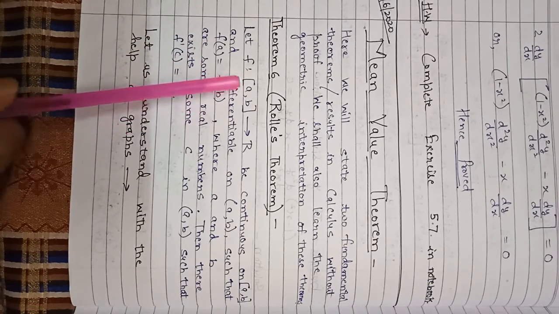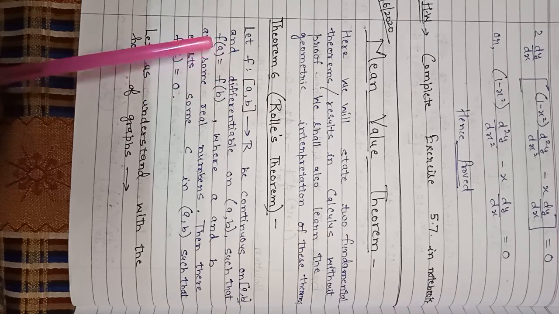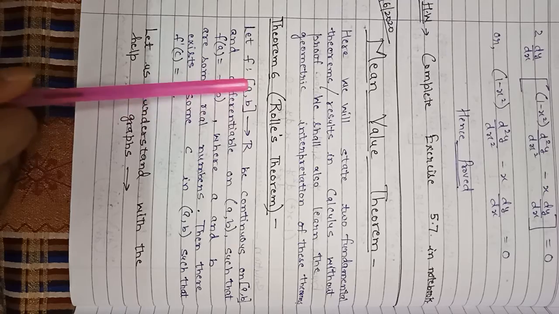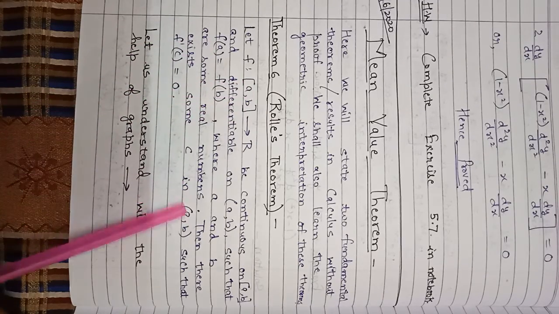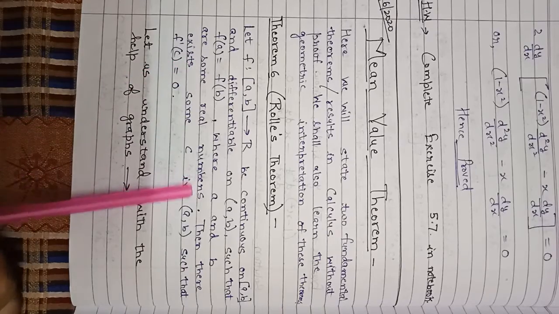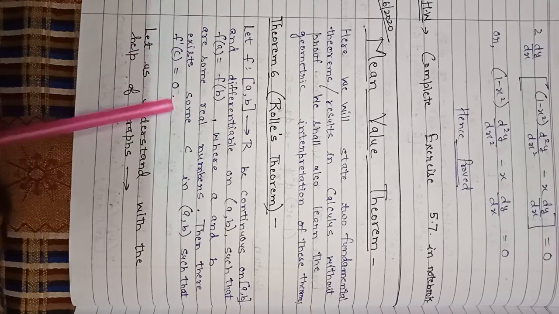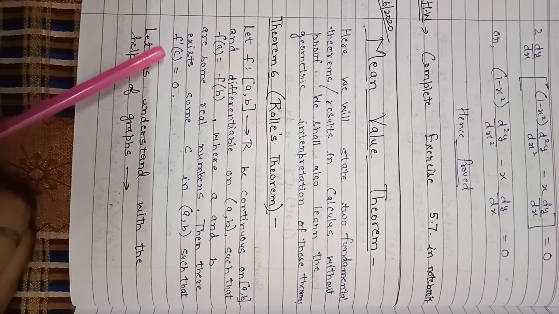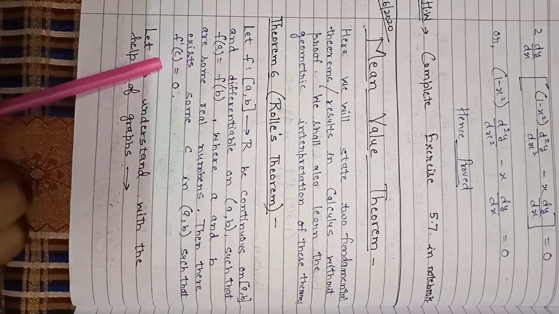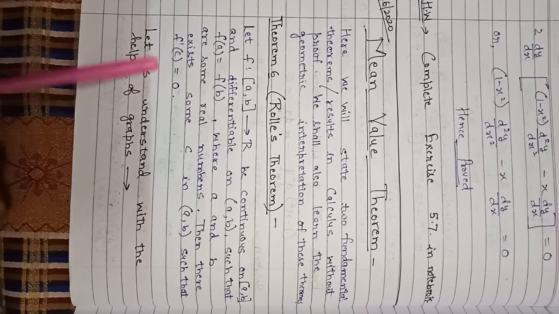Means when we put these values in that function, the values come the same; the value of y at both these points will coincide. Where a and b are real numbers, then there exists some value c in (a, b) such that f dash c becomes 0.